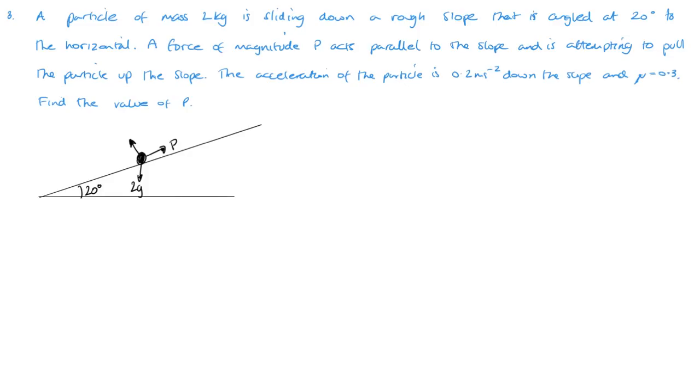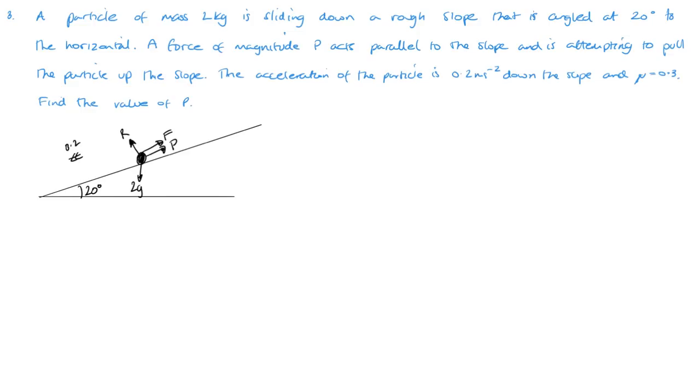Okay, now the acceleration of the particle is 0.2 down the slope. So the acceleration is 0.2 down the slope. That means that it's moving down the slope. So that means that friction is also acting up the slope.